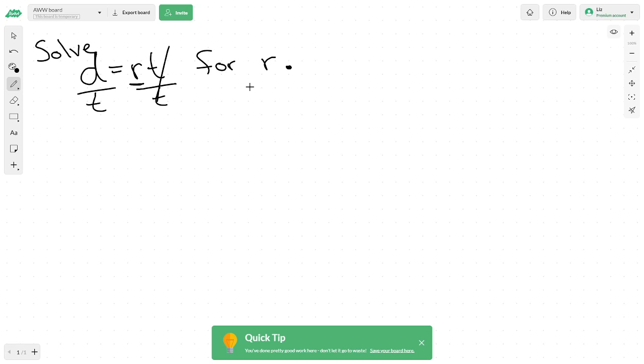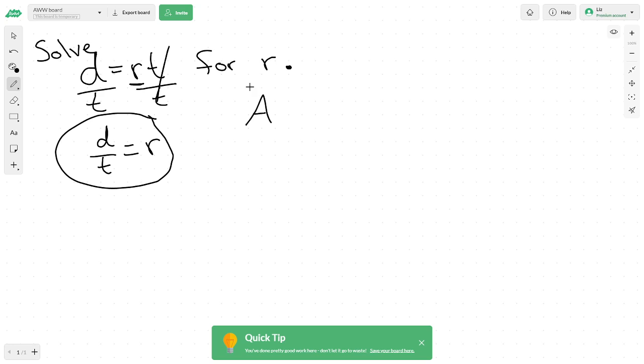So now I have distance over time equals rate. And I'm actually done. I have the r all by itself. There's no way to simplify this. We don't know any values right now, so we just keep it as is.